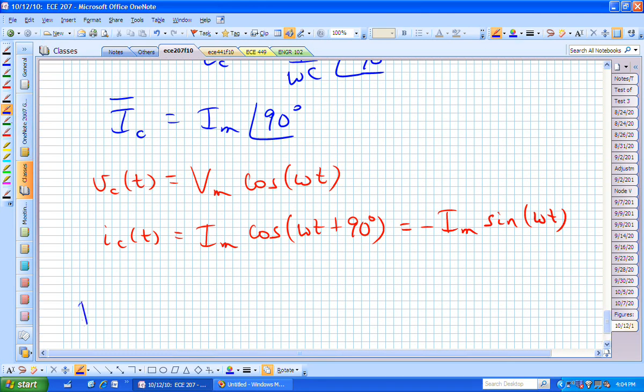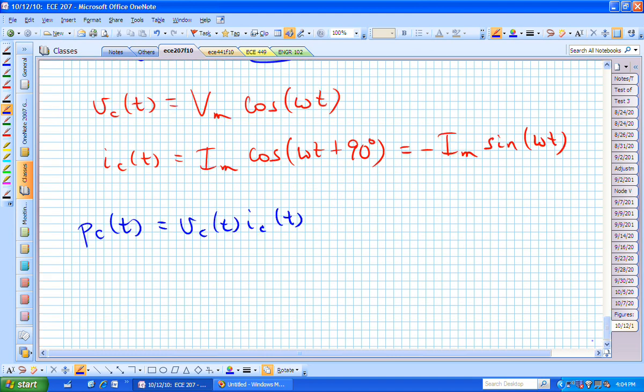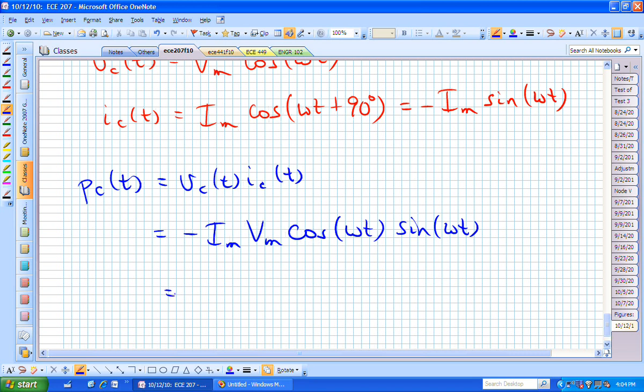Now we have those in a form that we would like to form the product of voltage and current to give us the instantaneous power of that capacitor. That's now minus I sub m V sub m cosine omega t sine omega t. And we know what we're going to do with that. That's now going to be minus V sub m I sub m over 2 sine of 2 omega t.